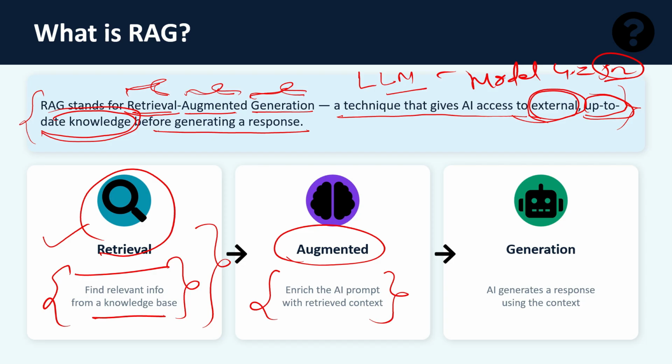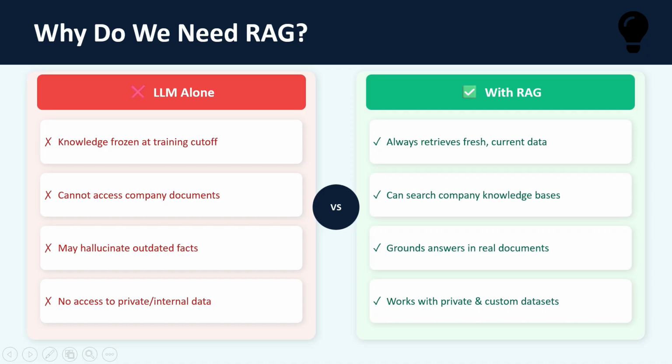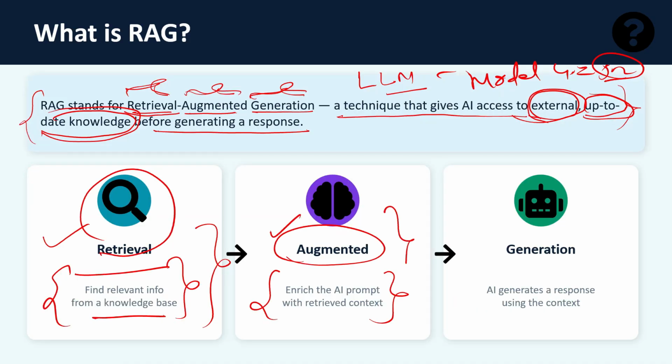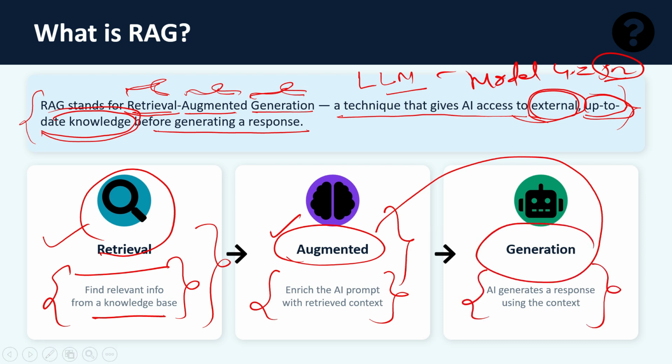Once the information is retrieved, there would be multiple documents, and some of them may be relevant, but some may not. So it augments with the information that is exactly relevant, and then sends it to generate the response for the end user. So this is the work of retrieval augmented generation.